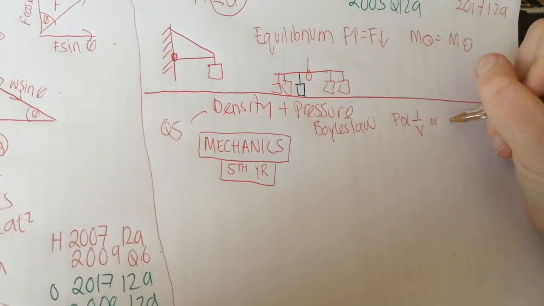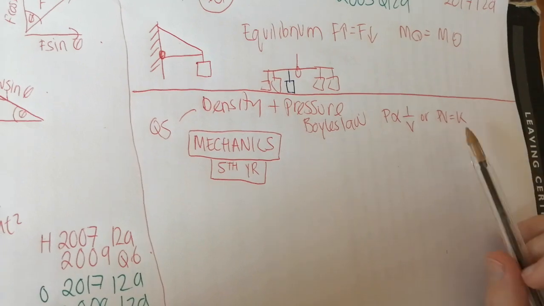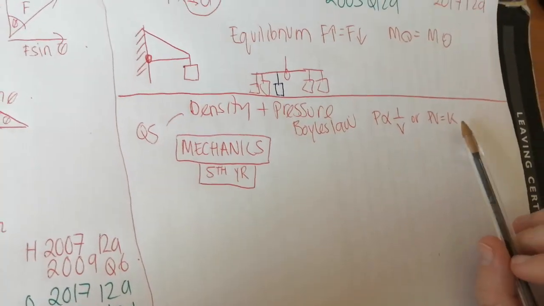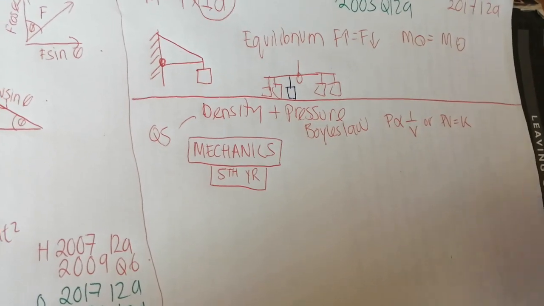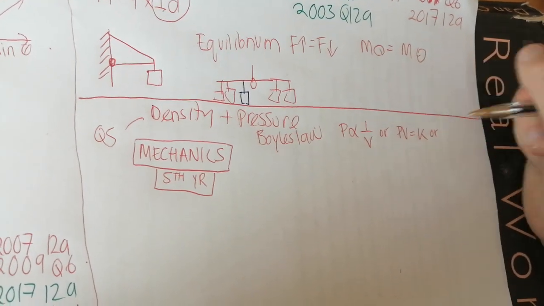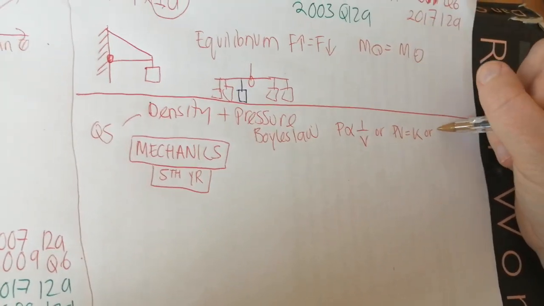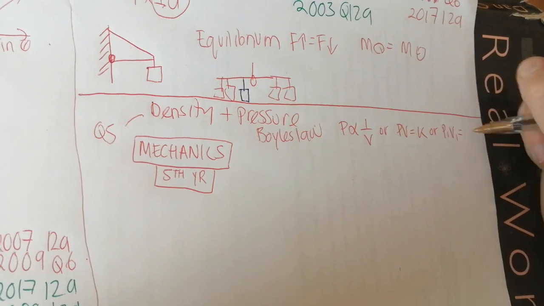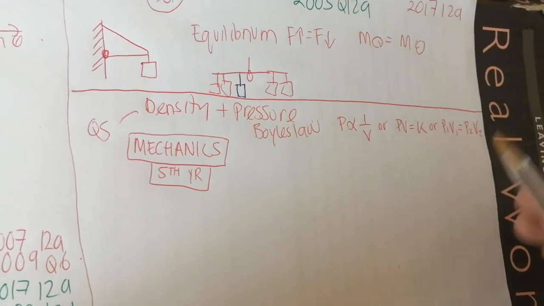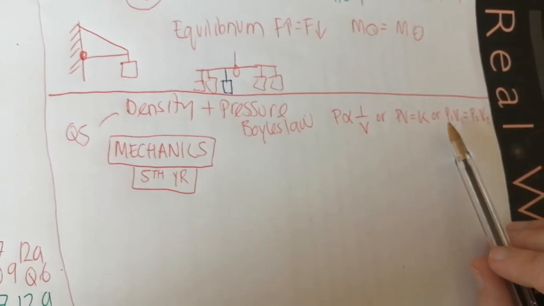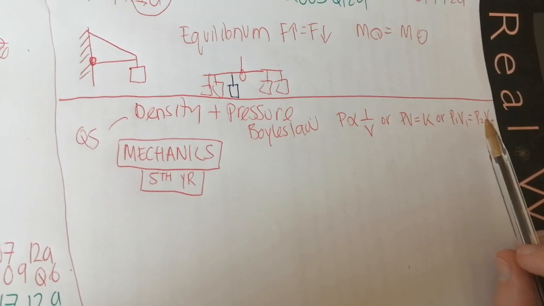Another way of writing that is PV is equal to K. So pressure multiplied by volume is always equal to the same number, a constant. Or another way, which is the one we're going to use in the maths, is P1 V1 is equal to P2 V2. The pressure and volume at the beginning is equal to the pressure and volume at the end.